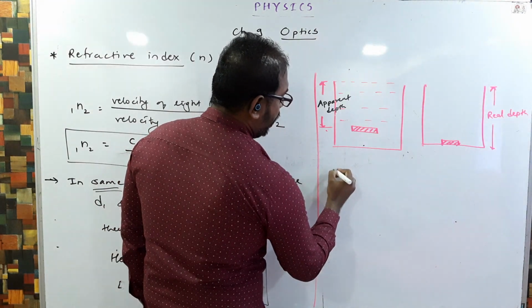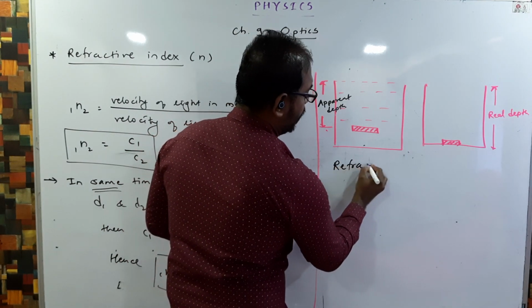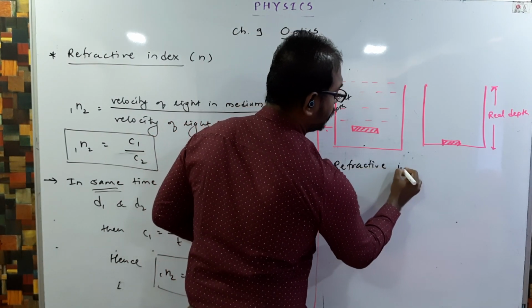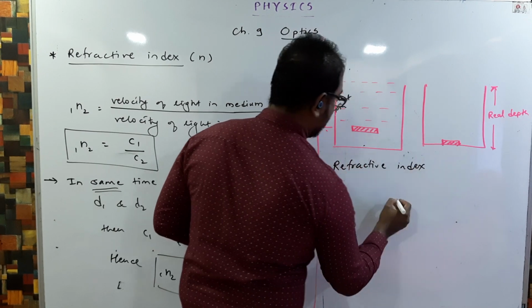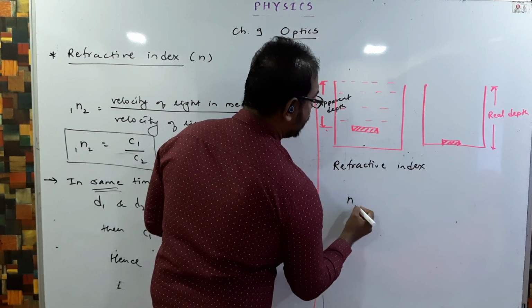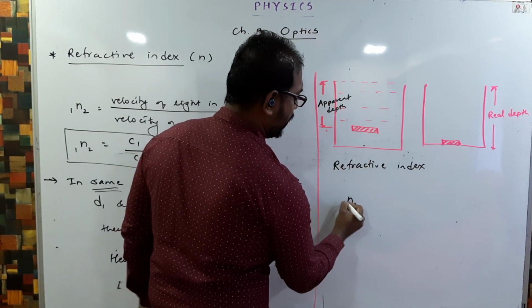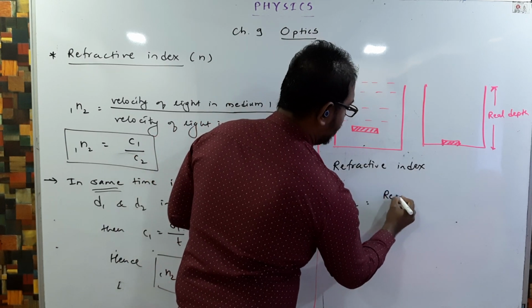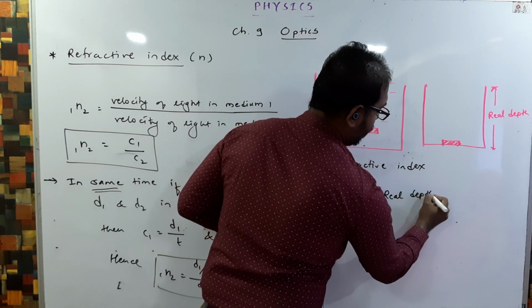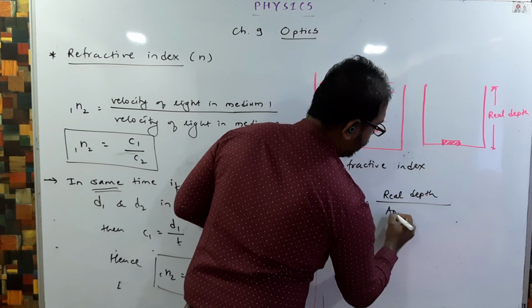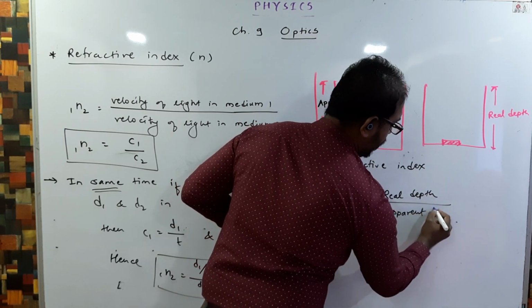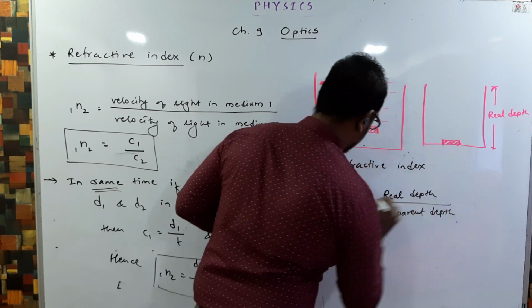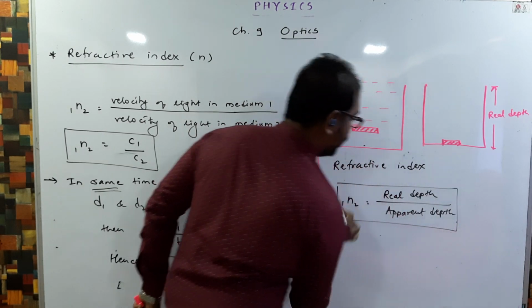So here we can write refractive index in terms of real depth and apparent depth. The refractive index of this water medium with respect to medium 1 is real depth divided by apparent depth. So this is also a formula for refractive index.